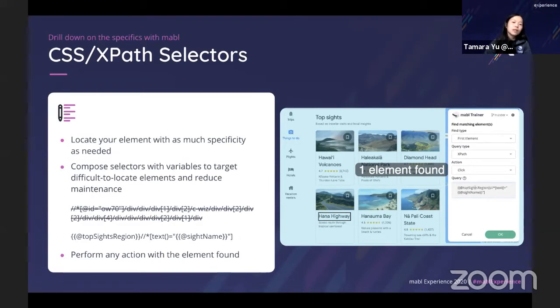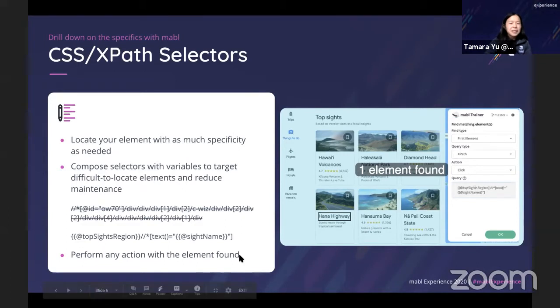And you can use different comparators for attributes as well. So in addition to equals, there are contains, starts with, ends with. And finally, by using variables, you can target different elements in a collection simply by changing the value of the variable. And mabl supports variable interpolation in the custom selectors, such as this.